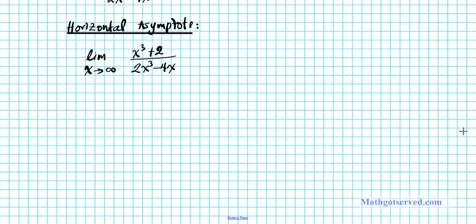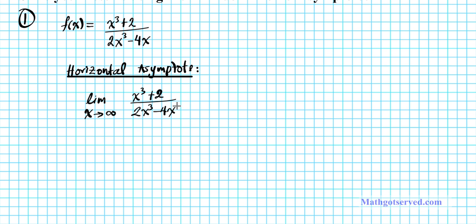When taking the limit as x approaches infinity of two polynomial functions, you can focus on the terms with the biggest degrees, since those grow quickest as x tends towards infinity. In the numerator, x to the third is the quickest, so we take the limit as x approaches infinity of x to the third. The 2 is a constant, it doesn't grow at all. In the denominator, both terms grow, but the cubic grows much quicker, so at infinity the 4x is of no consequence.